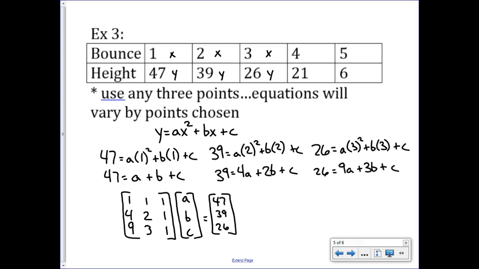So now let's see what happens when we plug that into the calculator. Okay, so I just plugged into the calculator. Hopefully you paused to do that as well, and I got a, b, c to be negative 2.5, negative 0.5, and 50.